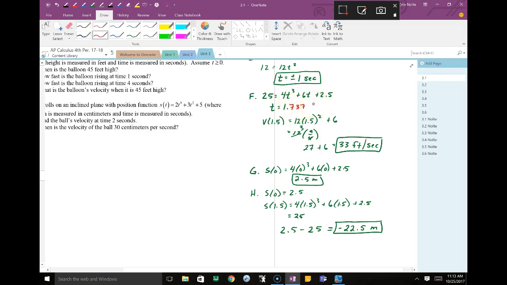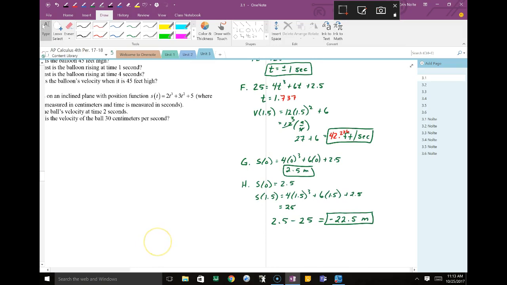So that would make this 42.226. Changes it a little bit. Yeah, I would say quite a bit.